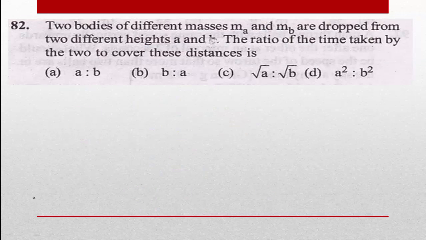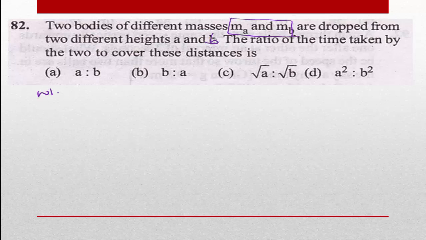And then question number 82. Two bodies of different masses, MA and MB, are dropped from two different heights, A and B. The ratio of the time taken by the two to cover these distances.